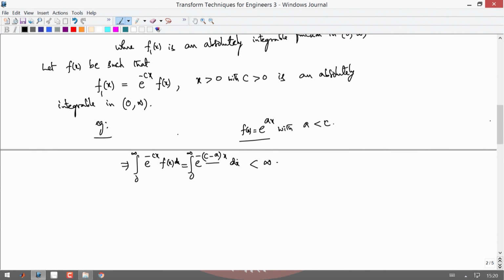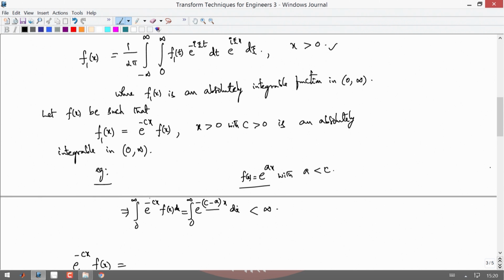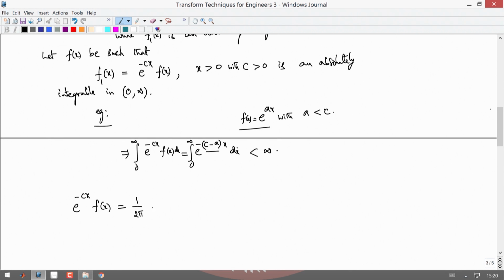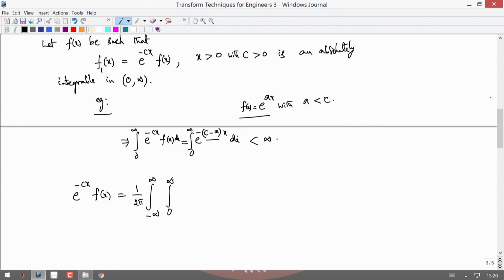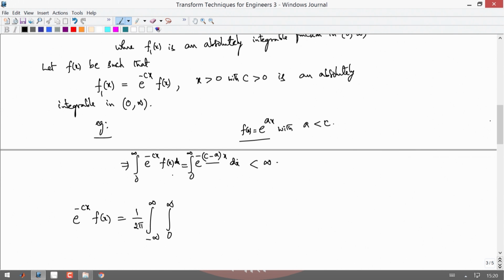So, if I substitute e power minus c x into f of x, which is equal to 1 by 2 pi integral minus infinity to infinity, and what you have is integral 0 to infinity, f 1 of t, that is e power minus c t times f of t, e power minus i xi t dt, times e power i xi x d xi.